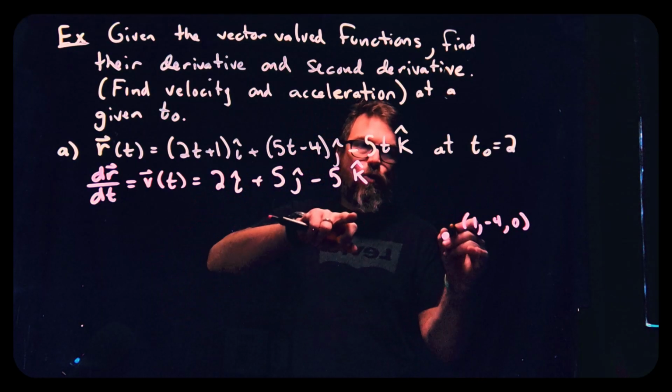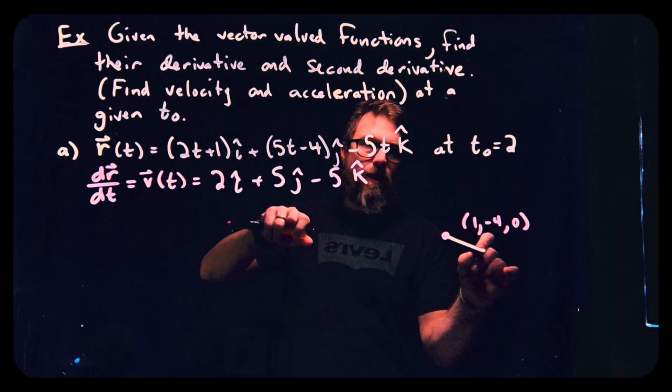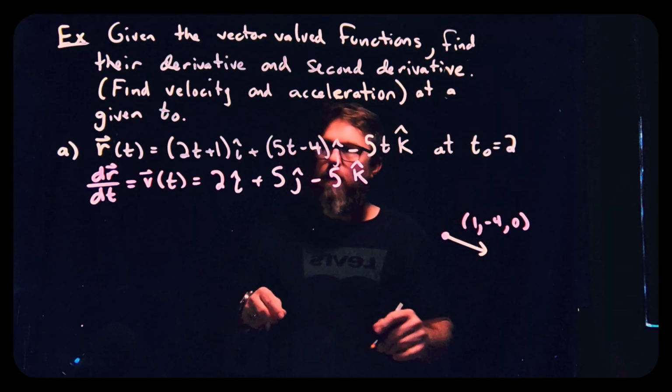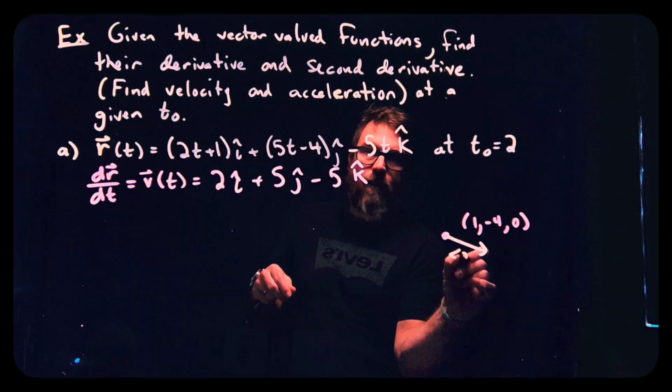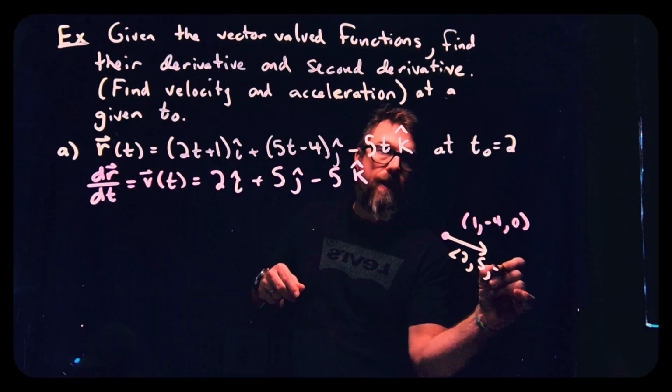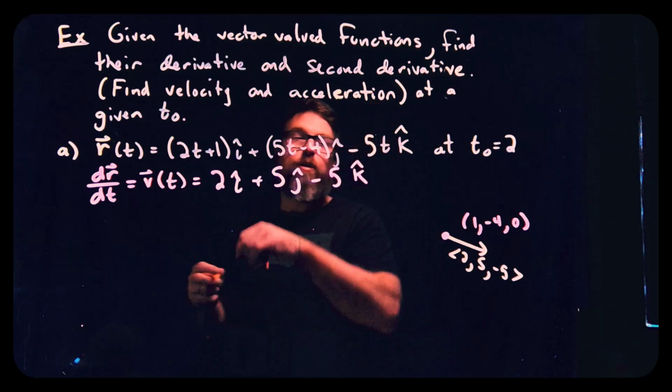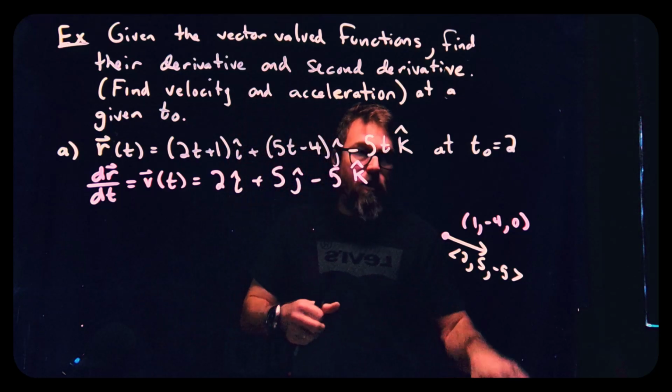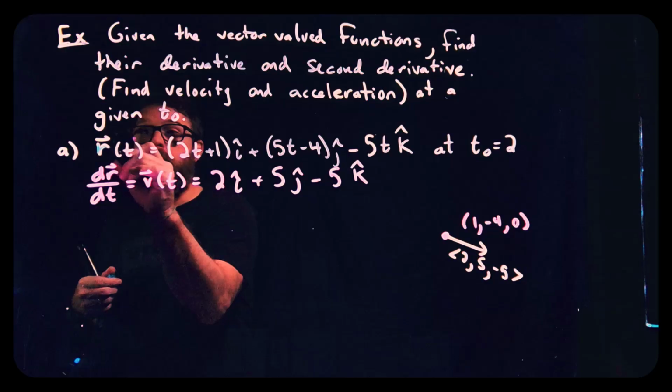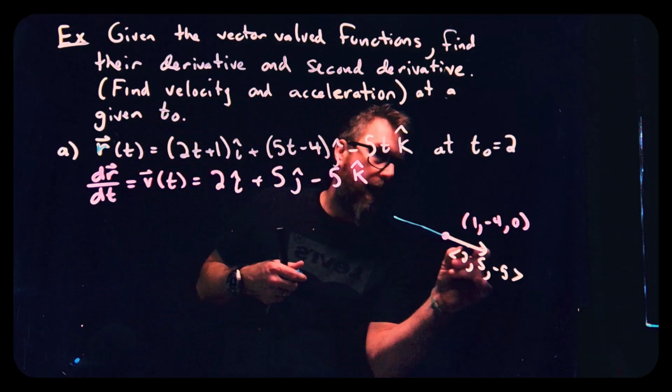Just disregard that this is not drawn in the correct directions, because it's hard to do 3D. So this vector valued function r is this line right here.